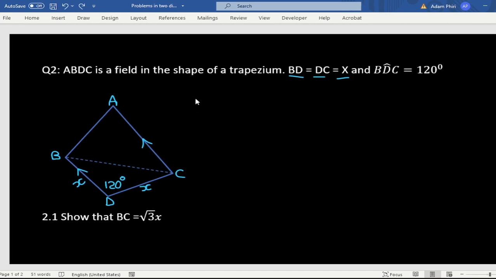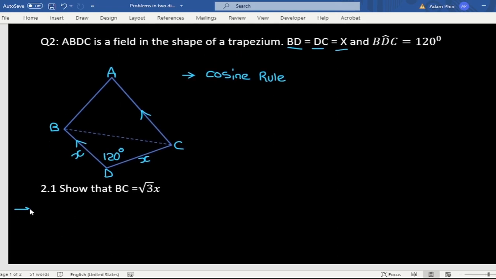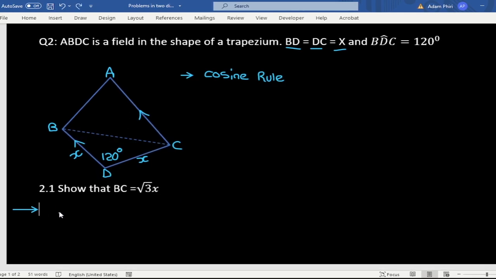So what we're going to do there, we're going to say that okay, we have the cosine rule. So that's the cosine rule that we need to apply. The cosine rule would mean that we have the angle BDC and the known sides, so we can use the cosine rule.